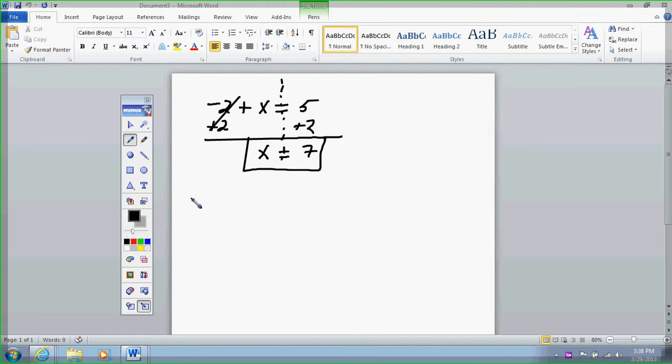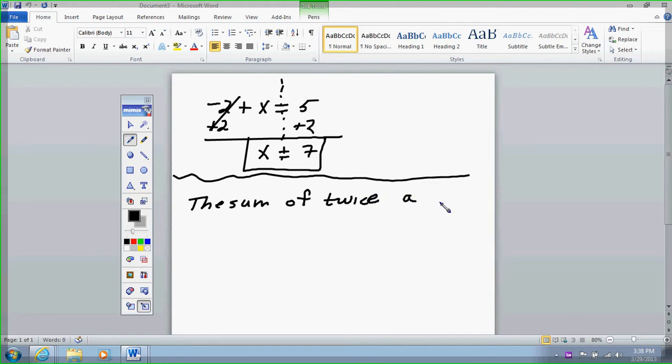Some other type of problem we may have is a word problem where it says write an algebraic equation for the following. The sum of twice a and 4 times y is equal to 13.